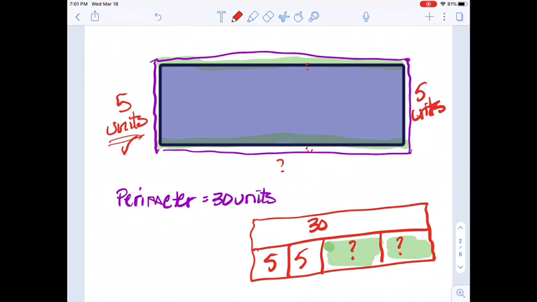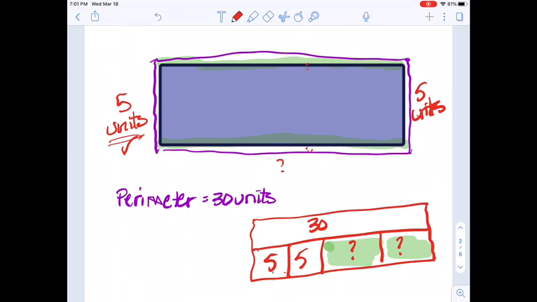So what do we know about a strip diagram? If I have the total and I have some of the parts, what could I do to find the other parts? Well, we know that we add the parts up to equal the total, and we know if I have the total and some of the parts, I need to subtract to find the missing information.